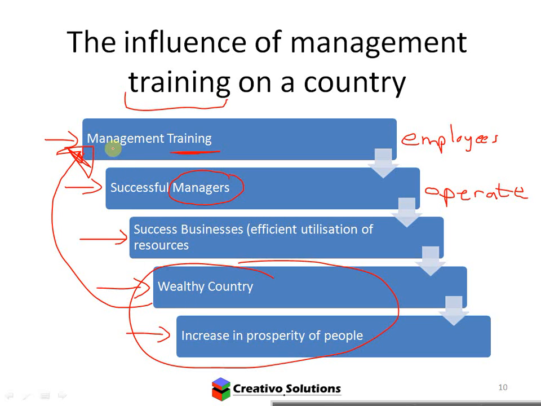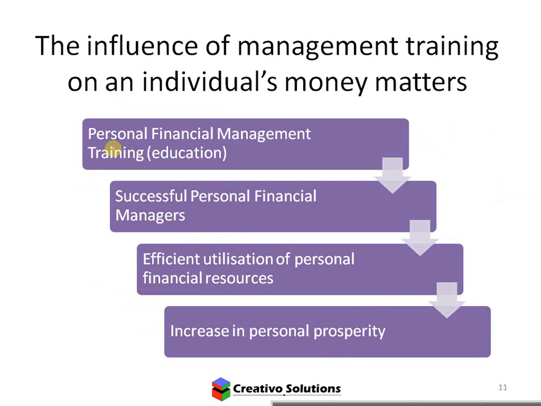And that's why the most successful countries in the world generally have the best educational systems, where education is either free or subsidized, but government assists with providing education for all. And that increases the country's well-being purely because you have more educated individuals. So if we had to relate this, so that's a country. Have a look at this diagram.